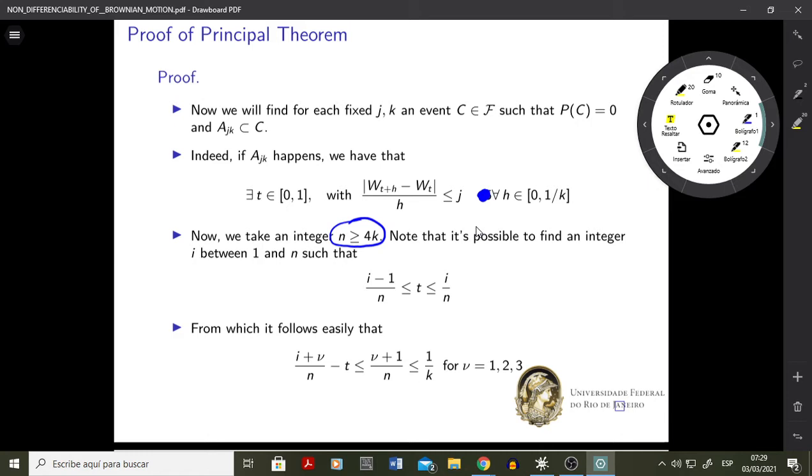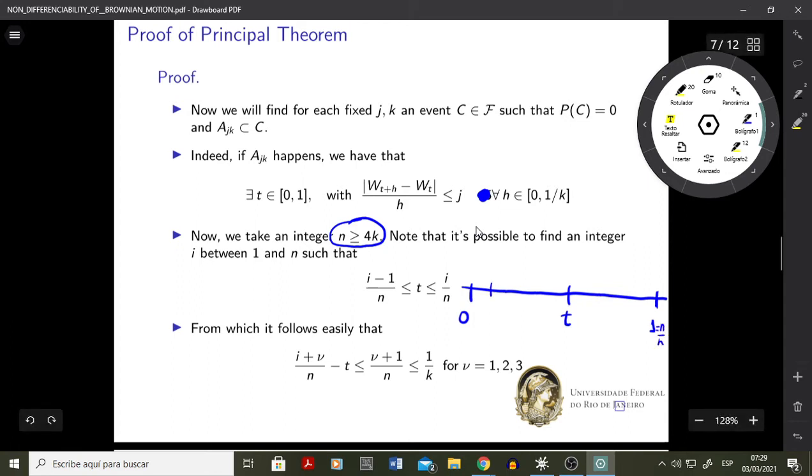I'm going to draw a graph. We have t between 0 and 1, and we are going to divide this interval into subintervals. This one is n over n. I'm going to divide like this. That's the idea.